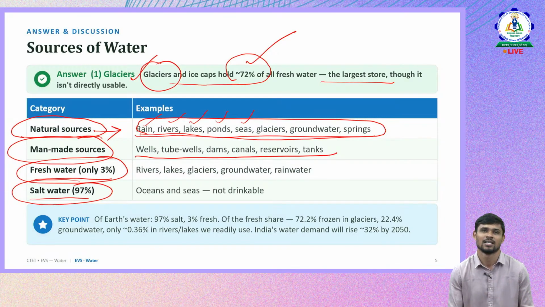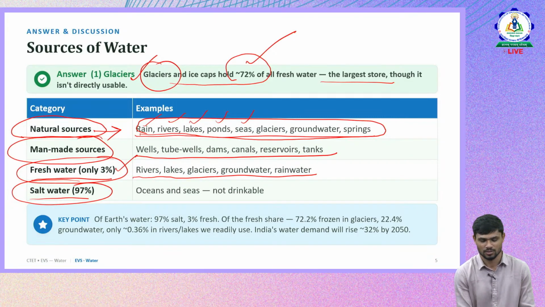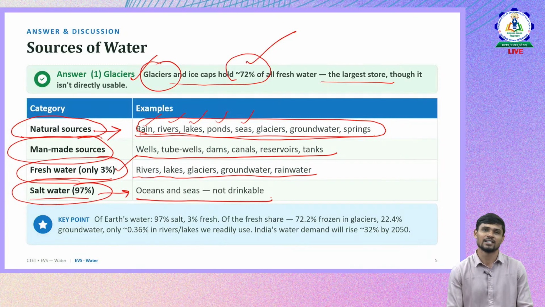The seas and oceans hold the larger amount of water, 97%, but it will not be used for drinking. Only the 3% present in rivers, lakes, glaciers and groundwater is available for drinking. The rest is present in oceans, which is salty in taste and not good for drinking.